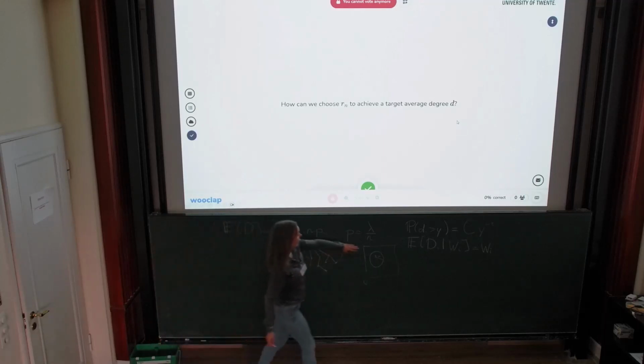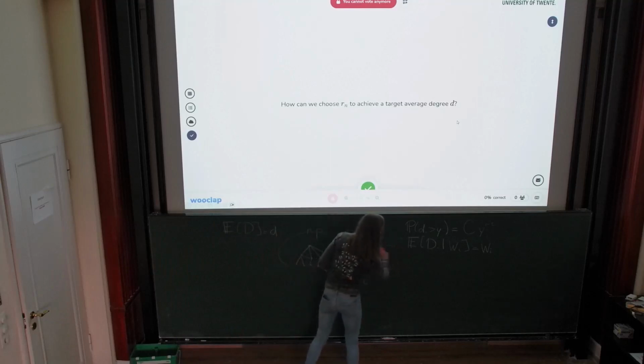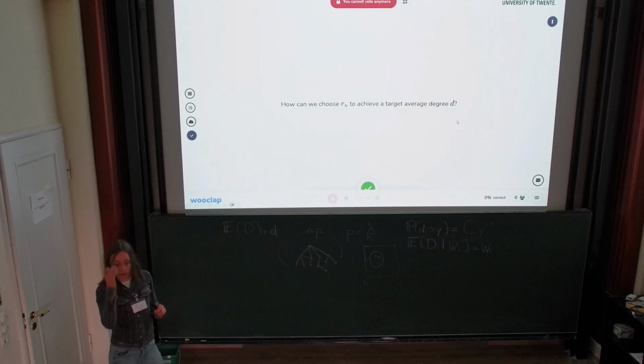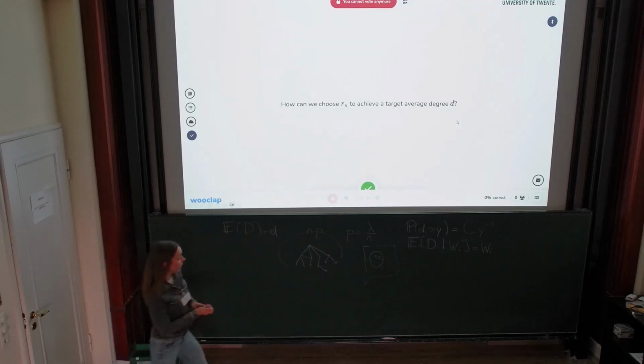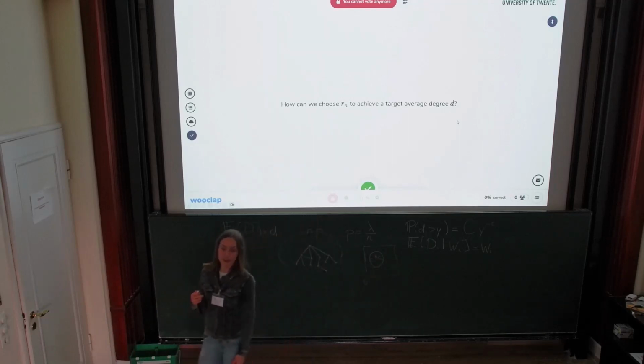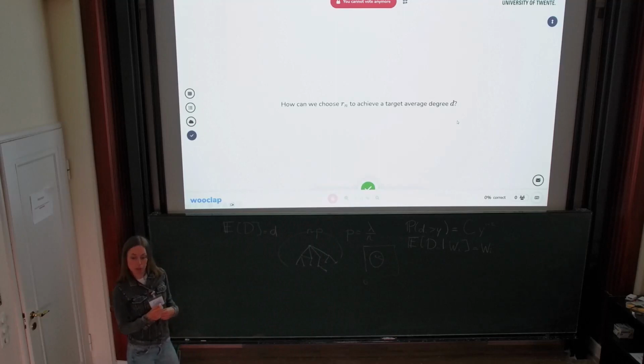So here we are not in d dimensions, it's just a 2-dimensional square. So points on a 2-dimensional square, uniformly. And then the question is, how can we choose the radius r to get some value d of average degree that we would like to obtain?